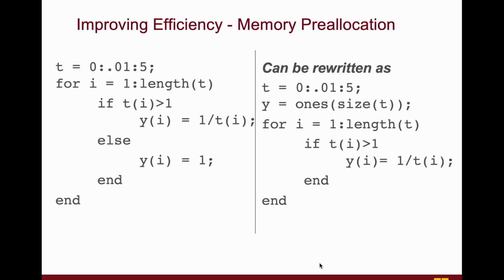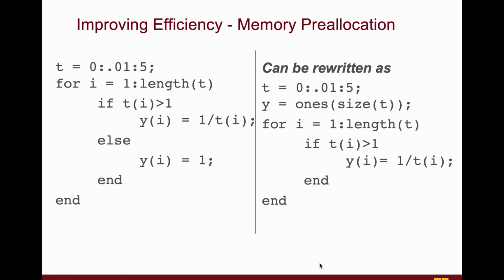Another way to improve efficiency is memory pre-allocation. A bad example is on the left side, where we again have this t vector generated from 0 to 5 with a step size of 0.01. And then we have I as our variable for the for loop.